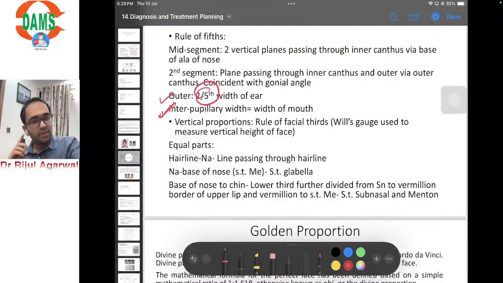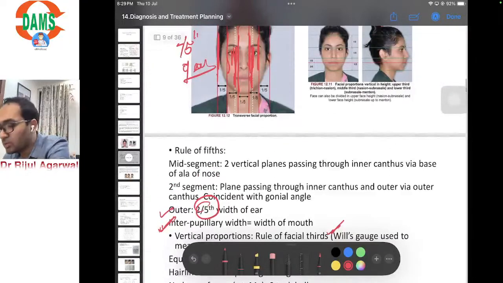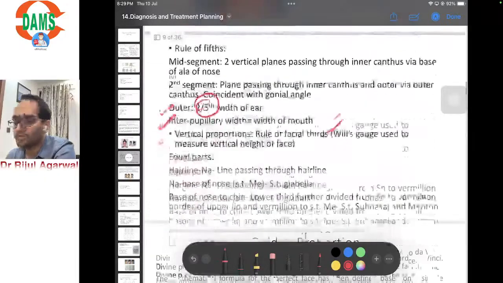Next, in the vertical proportion, the face is divided into 3 parts, known as rule of facial thirds, and how to measure it clinically using Will's gauge. So what are the 3 lines? Line passing through the hairline, or cephalometrically it's known as the glabella. Next, to the base of the nose. Next, to the subnasal, and lastly through menton.